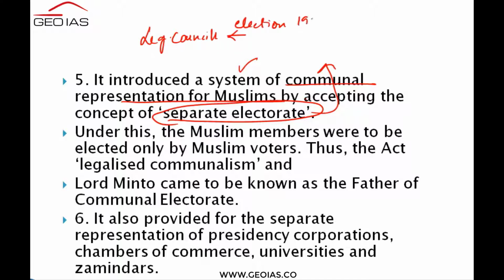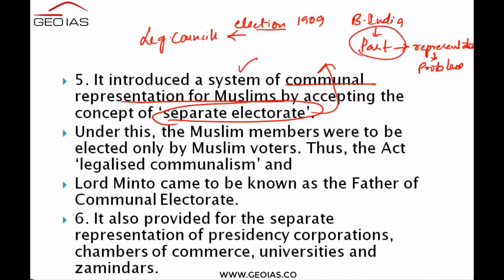For elections, they divided the whole of British ruled India into small parts. From each part, people would elect a representative who represents their problems in the legislative council. Like present day India is divided into constituencies, and through these constituencies we vote for a person whom we like, and he represents us in the legislative councils.